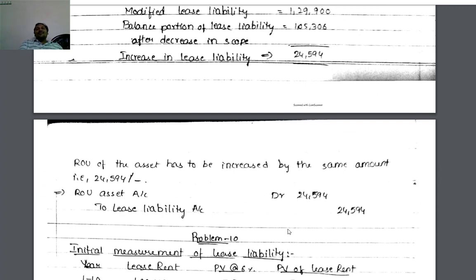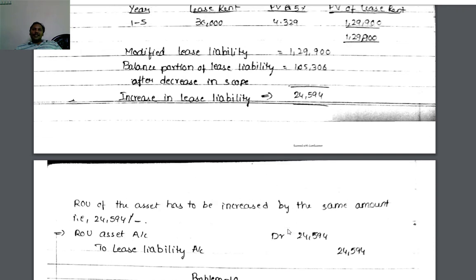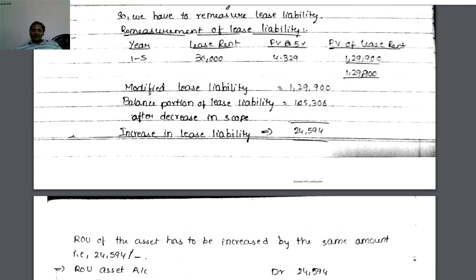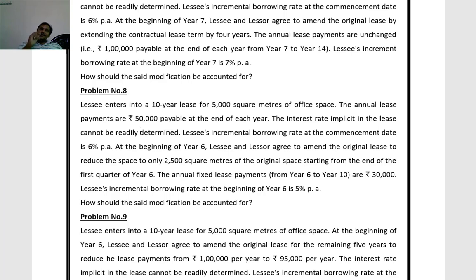Now the journal entry is: right of use asset account debit to lease liability account, 24,594. The specialty of the problem is that there is a decrease in the lease.